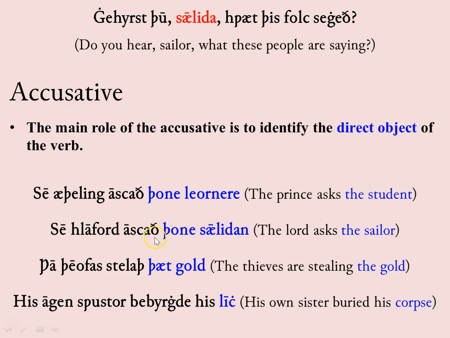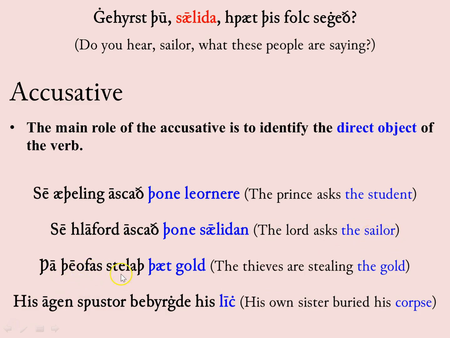So it's a direct object. Se hlāford ascaþ þone sælidan. And so the Lord is the subject, the verb is asks, and it's the sailor who is the direct object. And that helps you in translating it to modern English. That tells you what is happening, which is how this sentence here, the Lord asks the sailor, can be put together.